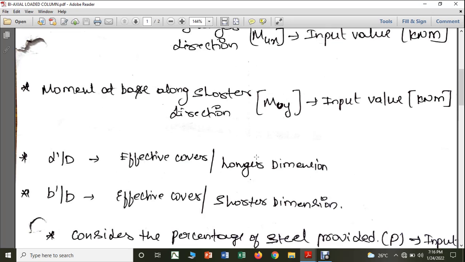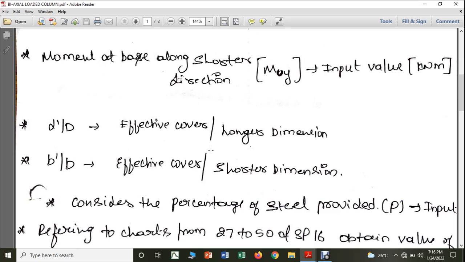So d dash is what we are going to consider, that is the effective cover. After finding the effective cover, it will be effective cover divided by the shorter dimension of the column, one value, and effective cover by the longer dimension of the column, that is another value. Then before we start seeing the chart, you are supposed to assume the percentage of steel, from the minimum percentage of steel of 0.8% to the practically possible percentage of steel of 4%.